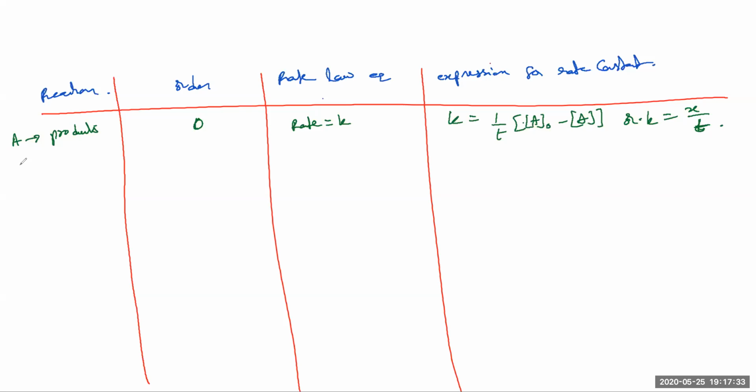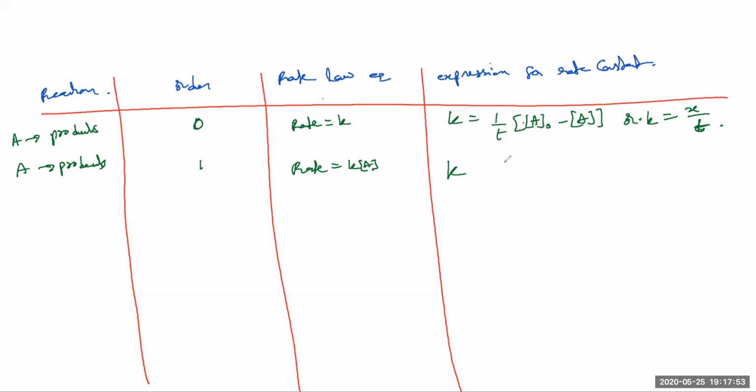Next, A gives rise to product. First order, that means the rate is equal to k into A, or A minus x.